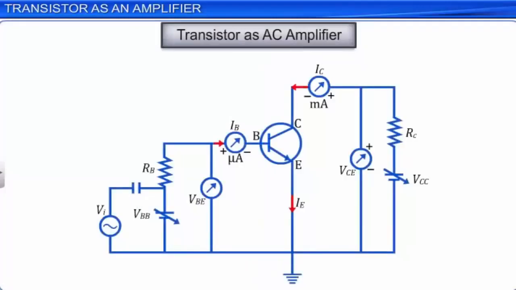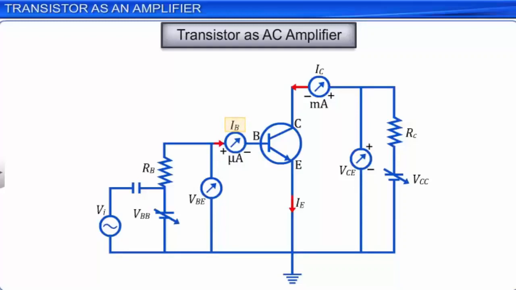An AC sinusoidal wave representing input voltage Vi superimposes over the supply voltage VBB for the base emitter circuit. The input AC voltage Vi causes sinusoidal variations in the base current IB. The sinusoidal variations in the base current IB introduce corresponding sinusoidal variations in the collector current IC.